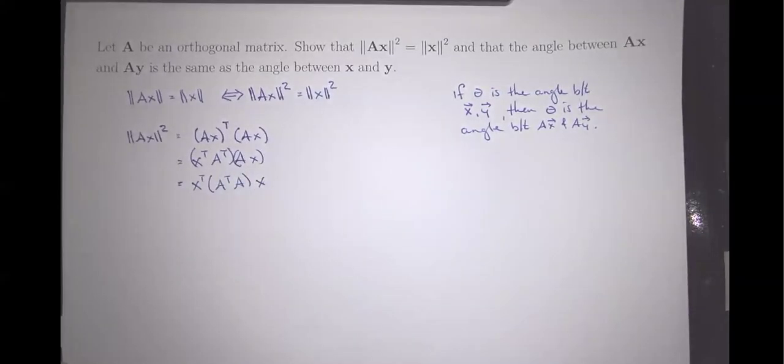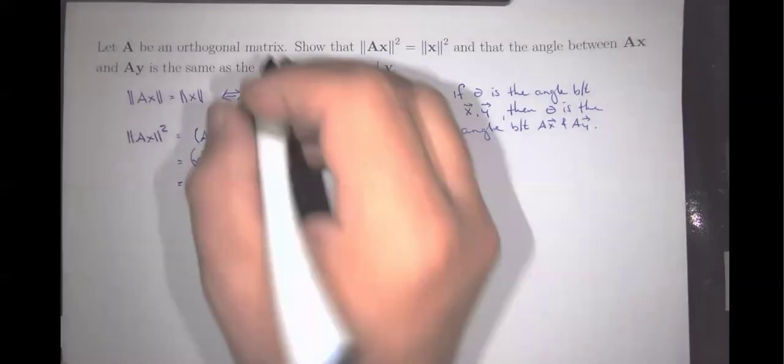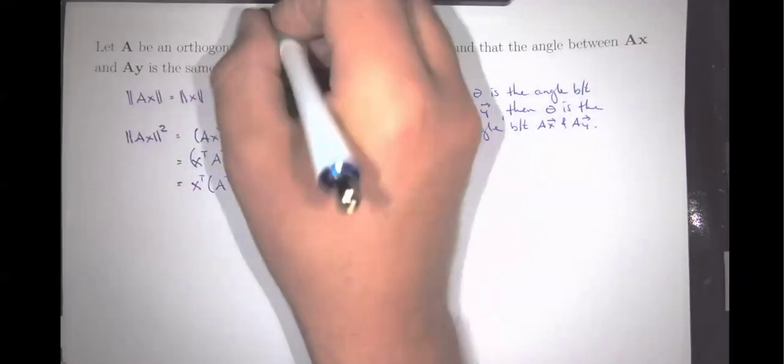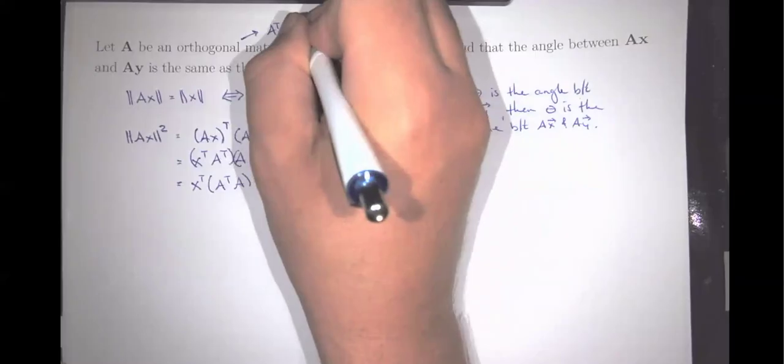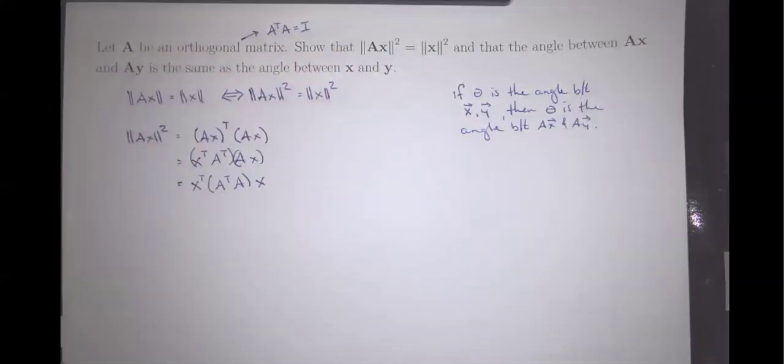Now, A is an orthogonal matrix. Because it's an orthogonal matrix, we know that A transpose A is equal to the identity matrix. That's the important property that orthogonal matrices have.